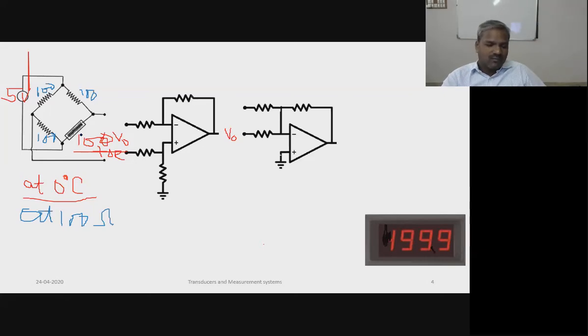So 140 ohm at 100 degrees Celsius. Resistance is 140 ohm.